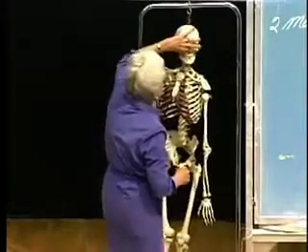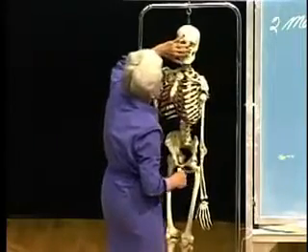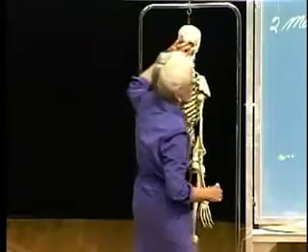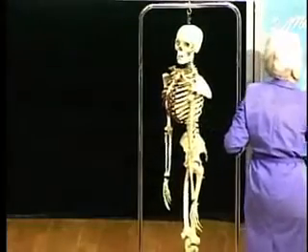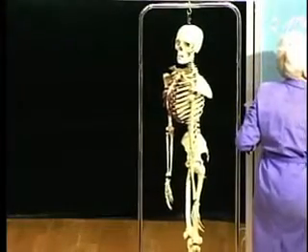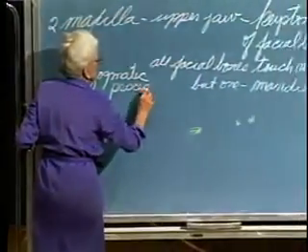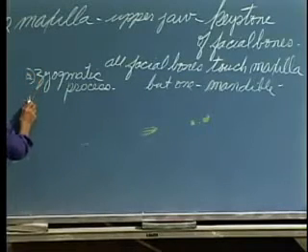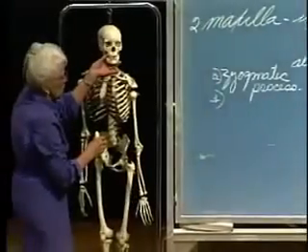So the maxilla was the upper jaw, and it has a protrusion that comes off from it, which is called a zygomatic process, which we'll come back to in a moment. And it also has a role in forming the roof of the mouth.